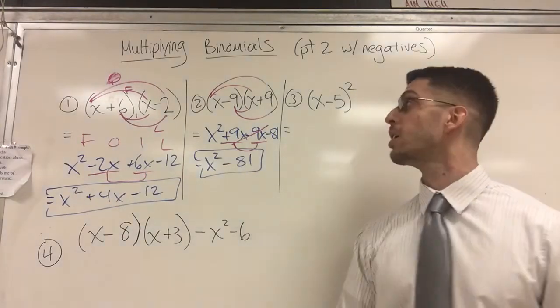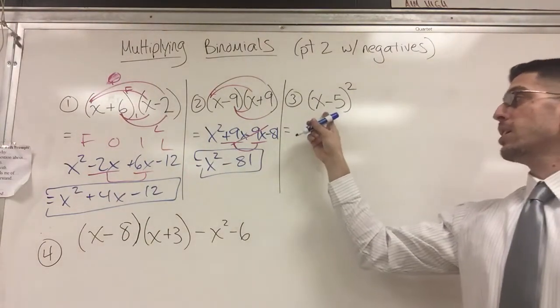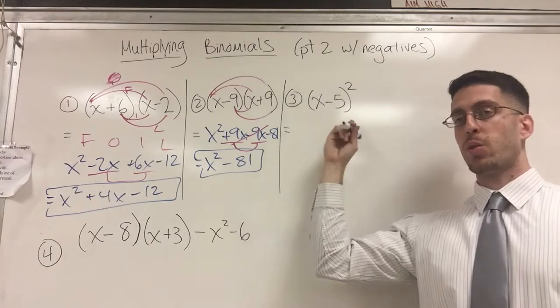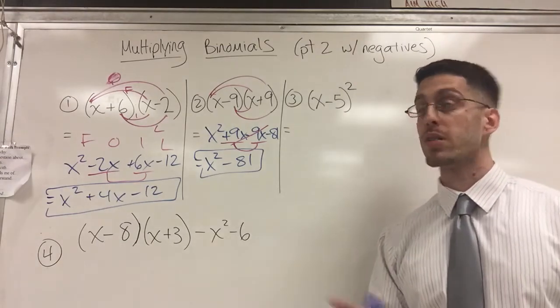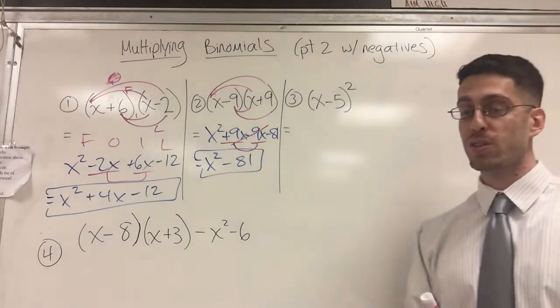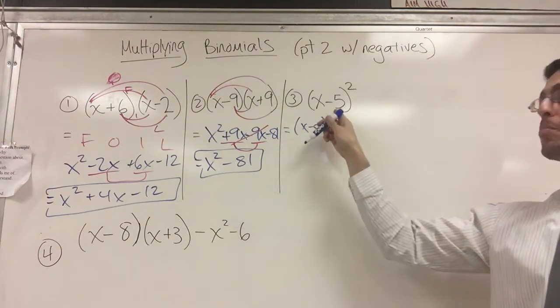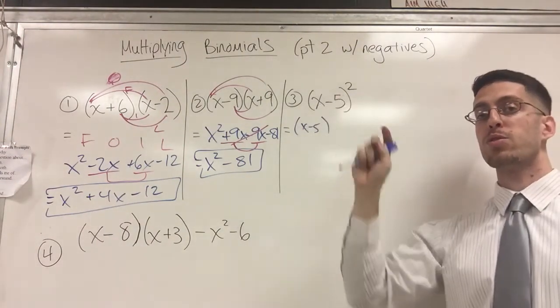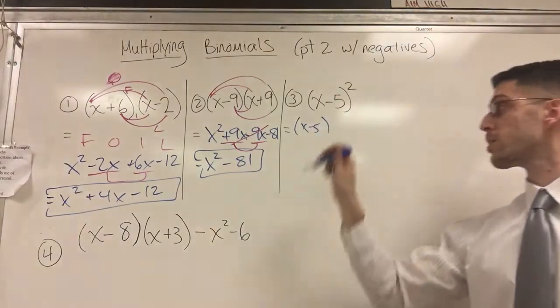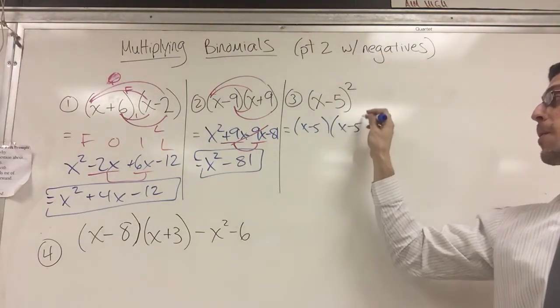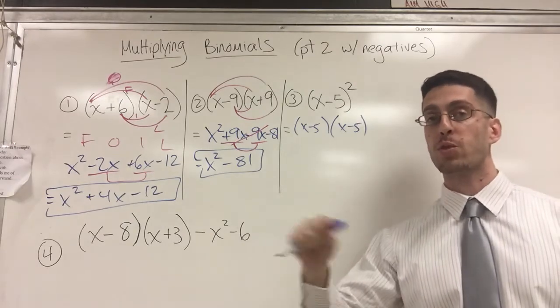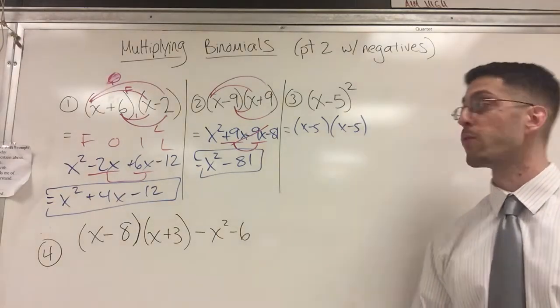What happens here? This is easy. It's probably just x squared and 25, right? No. Something squared means you have work to do. So this is x minus 5, which is the base. And if the exponent is 2, you write the base twice. So that's x minus 5 times another x minus 5. And you have to work it out. You have to do all 4 steps.